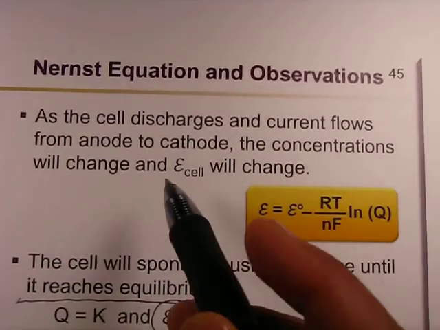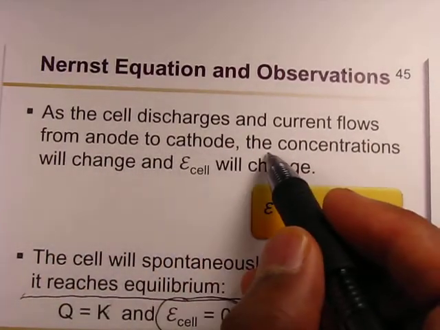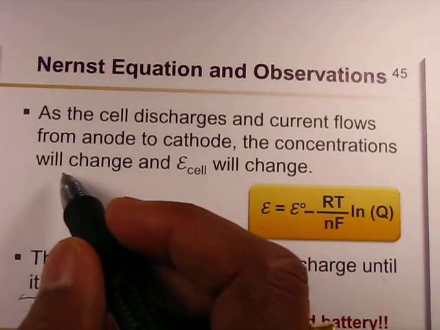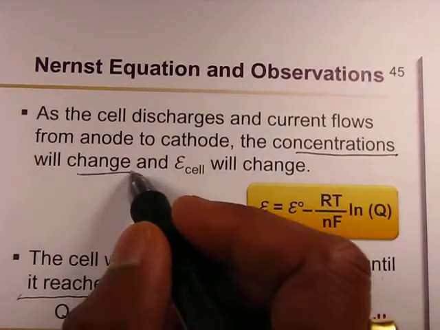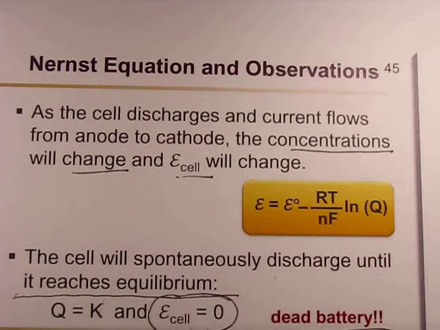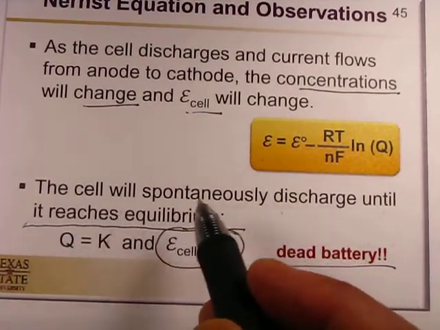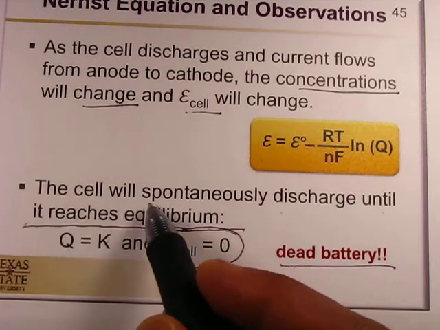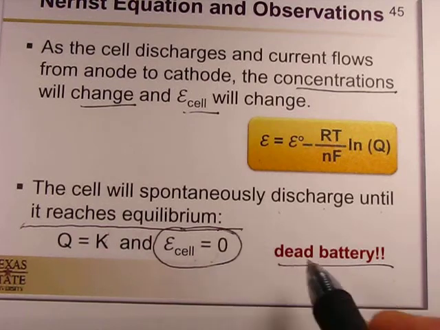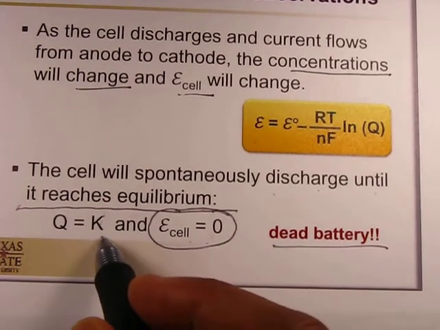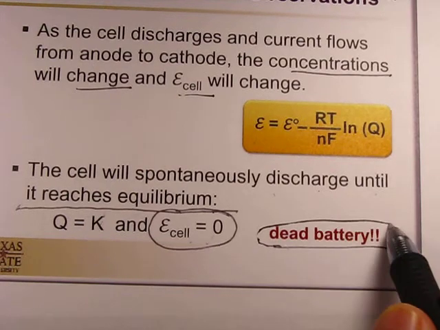As the cell starts to discharge, the current flows from anode to cathode, the concentration of the reactant changes, and then E cell will also change, right? So what happens when it starts discharging? The cell spontaneously discharges until it reaches equilibrium, and once it reaches equilibrium, it means E cell is 0 and the battery will be dead.